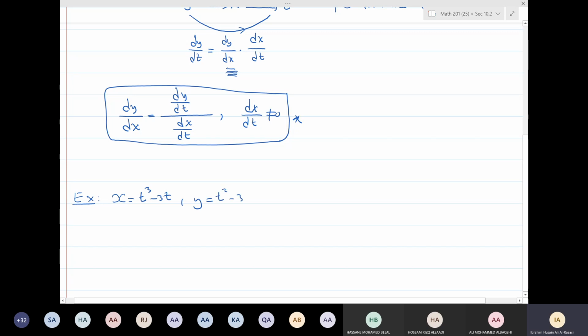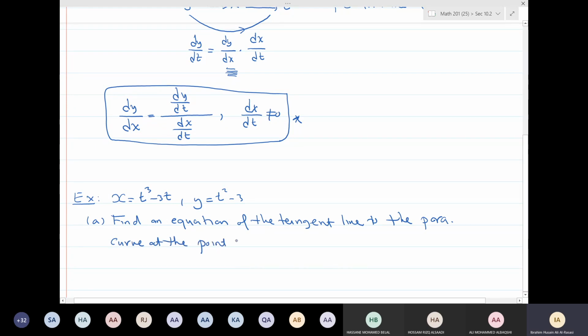The first part: find an equation of the tangent line to the parametric curve at the point corresponding to t equals 2.